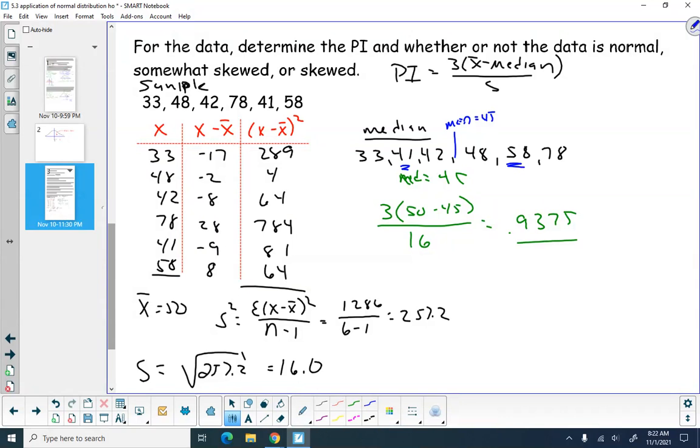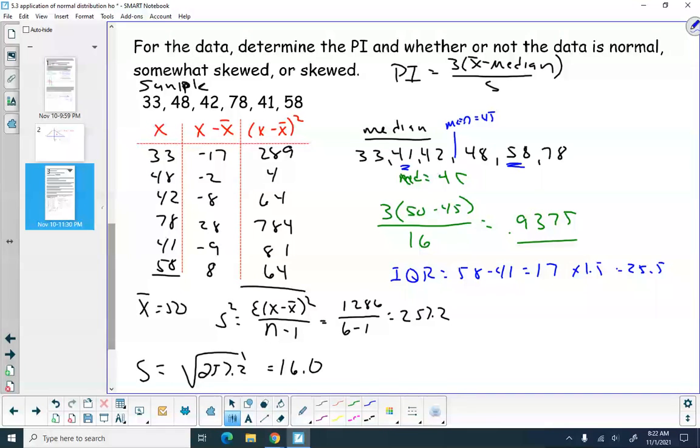So your interquartile range is 58 minus 41, which is 17. Multiply that by 1.5. That's 25.5.